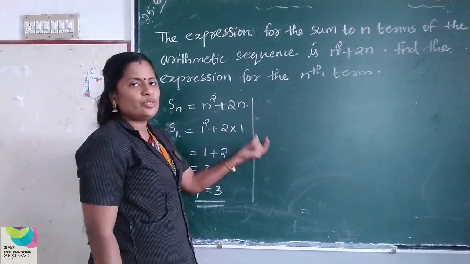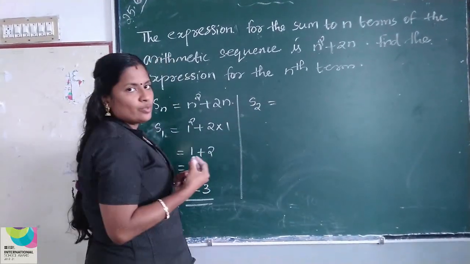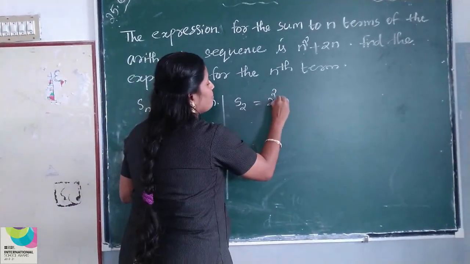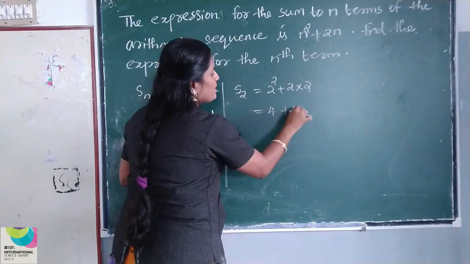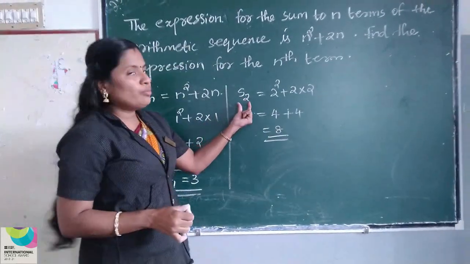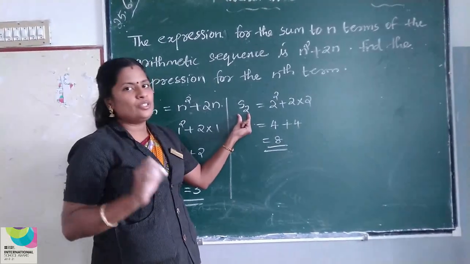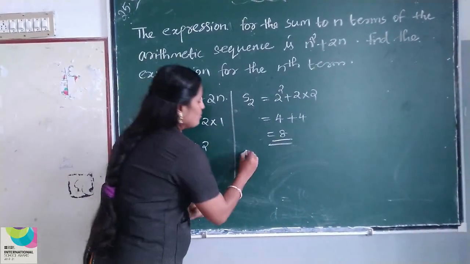Next we have to substitute n equal to 2. S2 equal to 2 square plus 2 into 2, that is 4 plus 4, equal to 8. S2 means the sum of the first 2 terms, that means x1 plus x2.